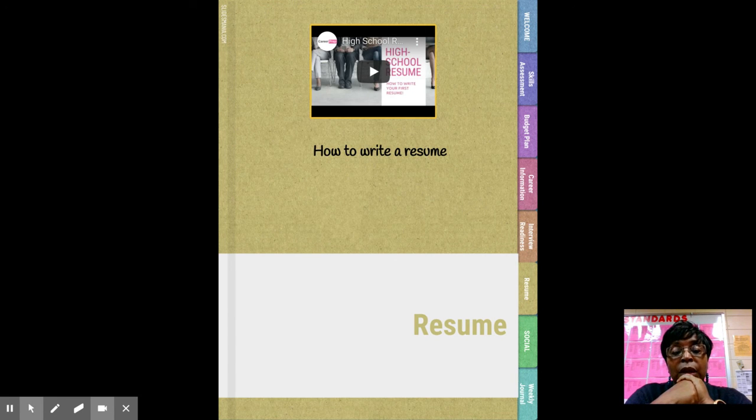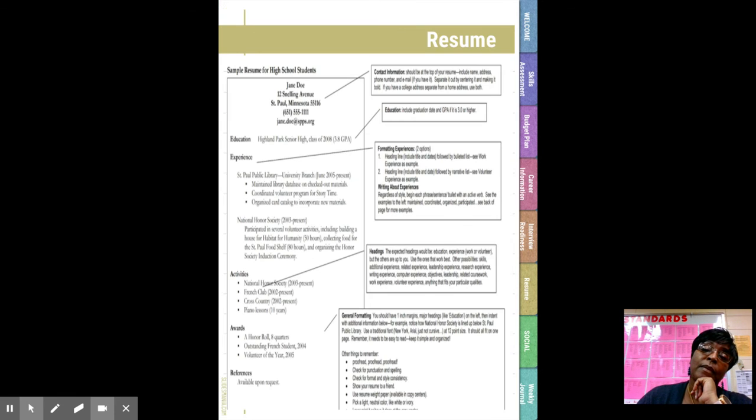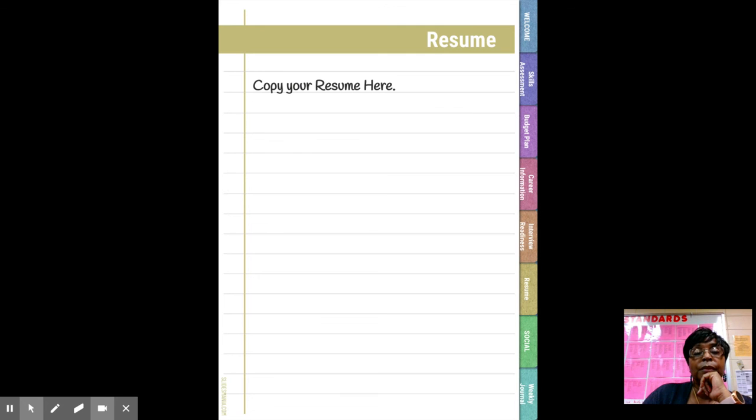On the next section, we're going to talk about resumes. You need to know how to write a resume because this is really important for you to gain employment. So I put an example of a resume here so that you can take a look at it and copy or maybe adjust your resume according to what's on the screen here.